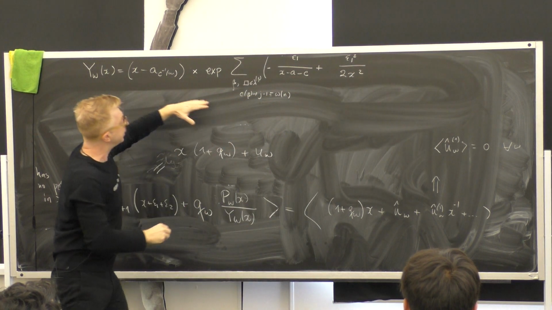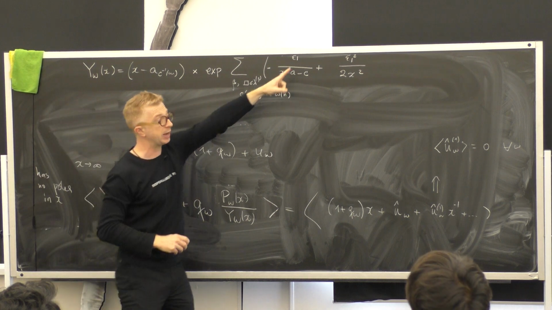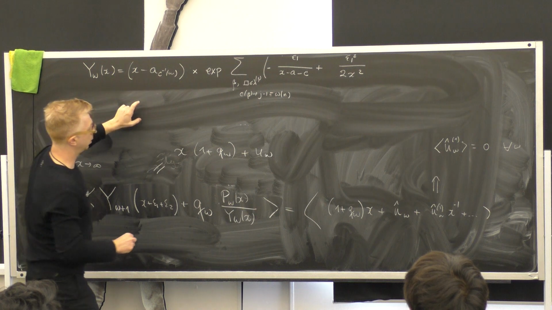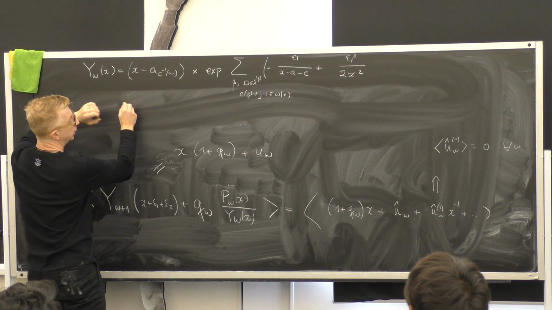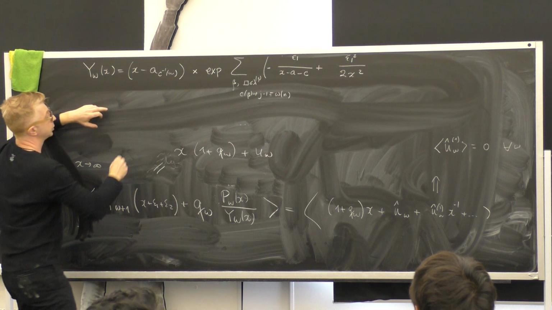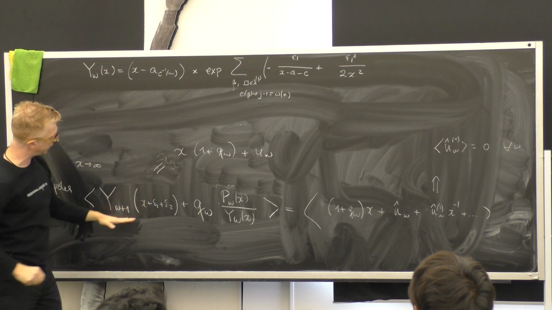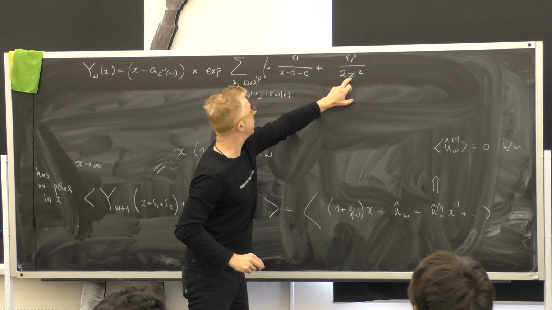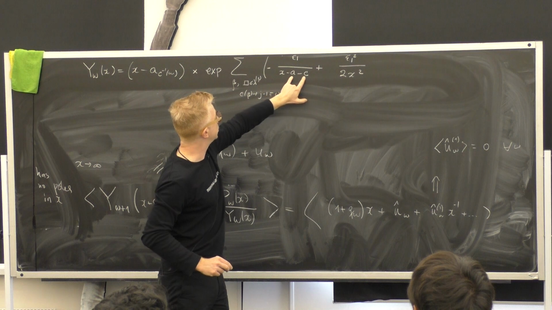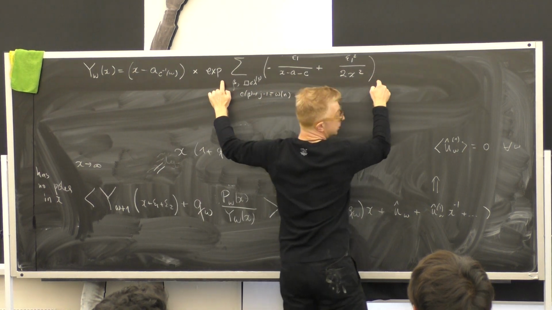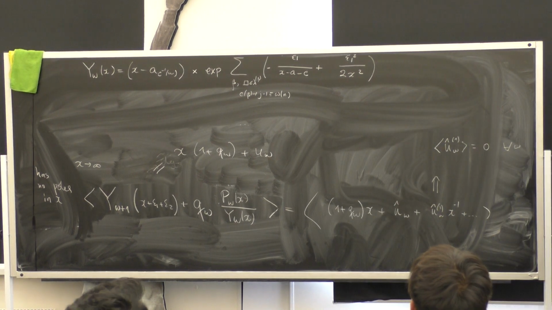I will be only interested in terms up to 1 over x squared in the exponential, because all I want is to expand this up to x to the minus first power. So with that precision, x minus a minus c squared is equal to x squared. And so this is what the first factor will give me.